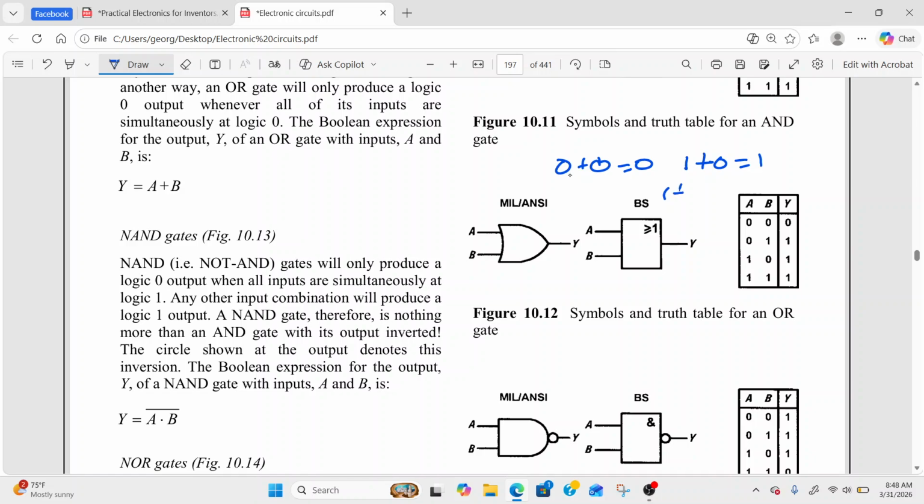And 1 plus 1 is also 1, because in binary, you cannot have a 2 or a 3. It's always represented with 1 and 0. It's only state 0, low or high, represented by 0 or 1. So as you can see, when both inputs are 1, you're going to have a 1 on the output.